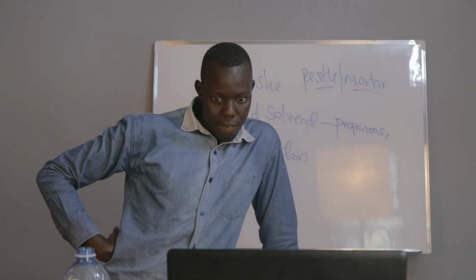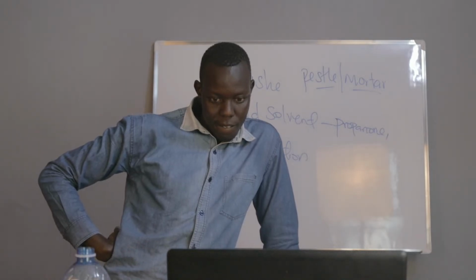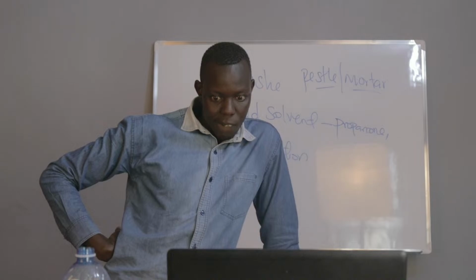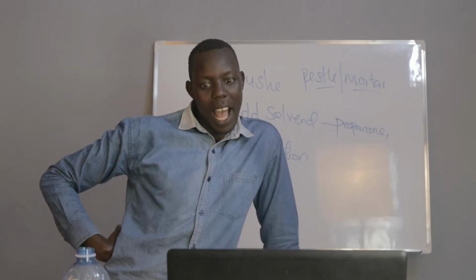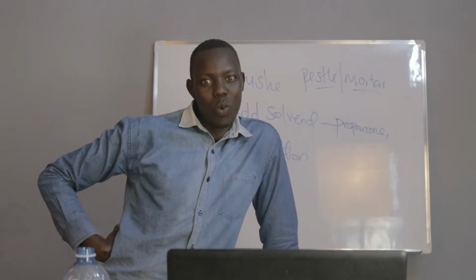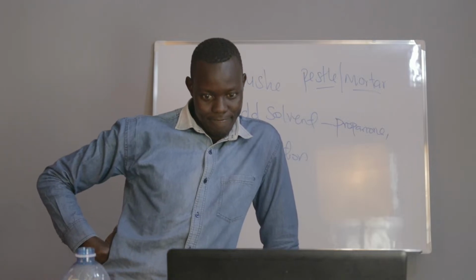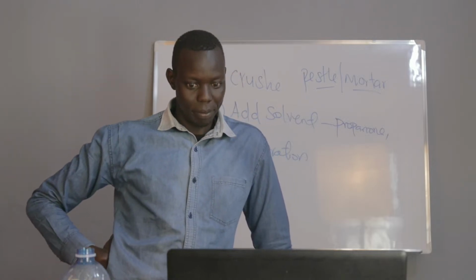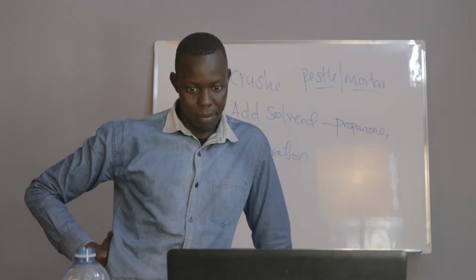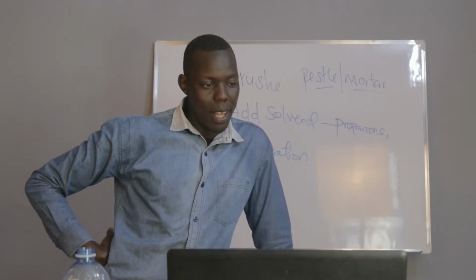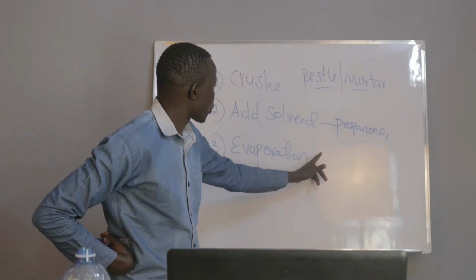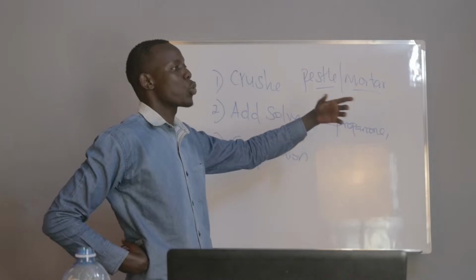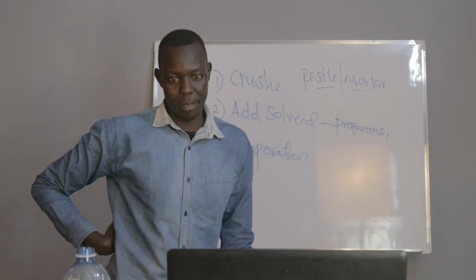To increase the surface area upon which the solvent will dissolve the oil. Good. Then evaporation is done so that it can remove the solvent used, and we remain with the oil.